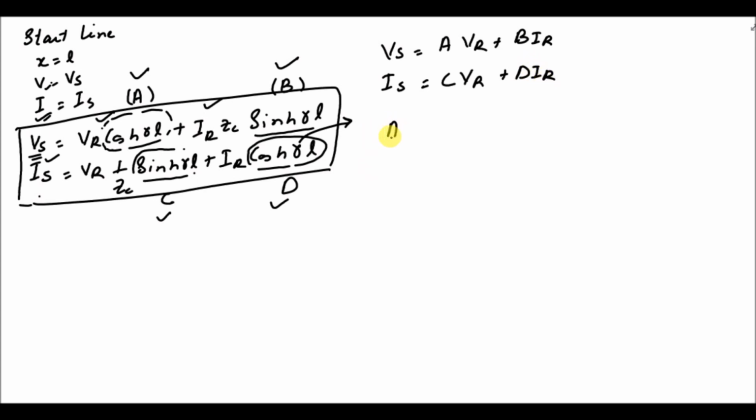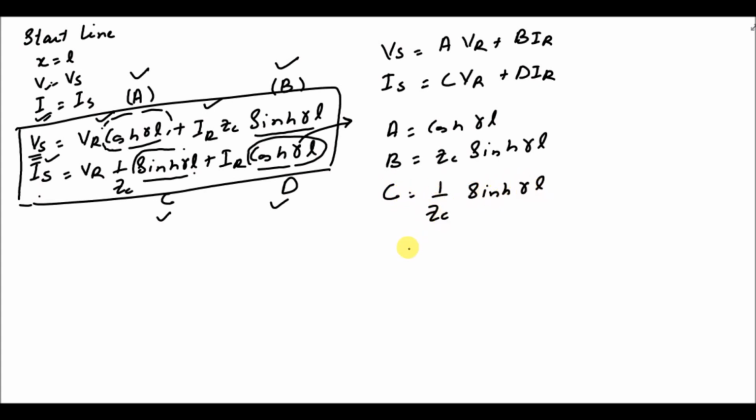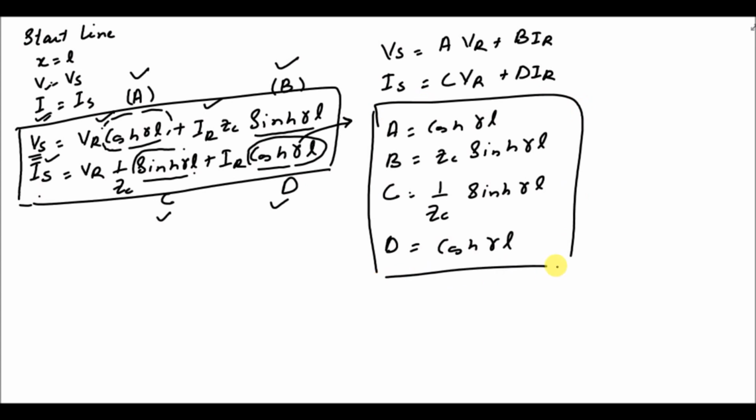So A is equal to cos hyperbolic gamma L, B is equal to ZC sine hyperbolic gamma L, C is equal to 1 by ZC sine hyperbolic gamma L, and D is equal to cos hyperbolic gamma L. So we have found the transmission matrix, which consists of the ABCD parameters, and the generic equations for sending end voltage and sending end current for the long transmission line.